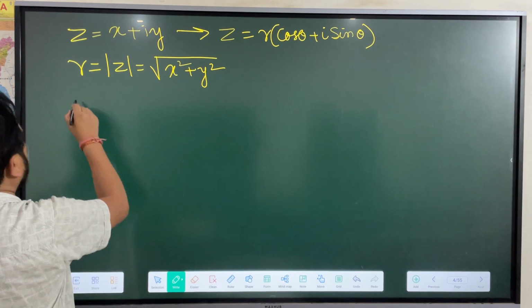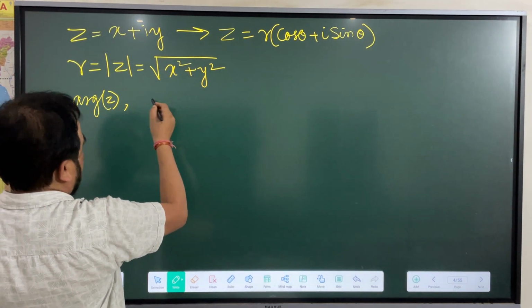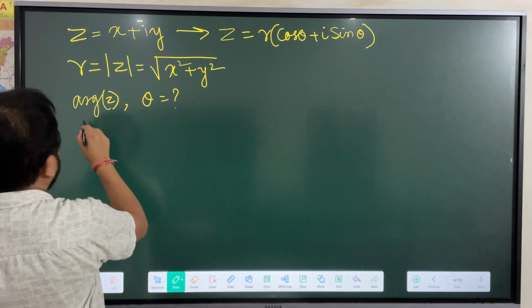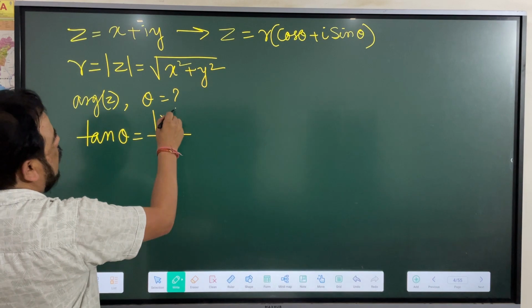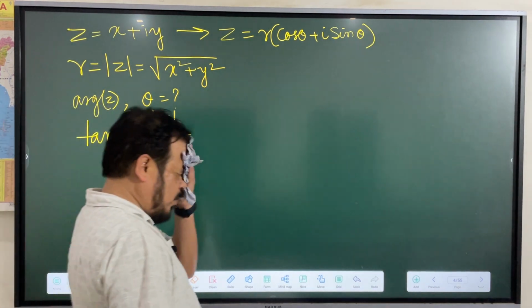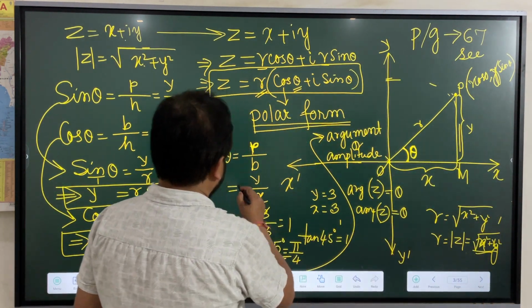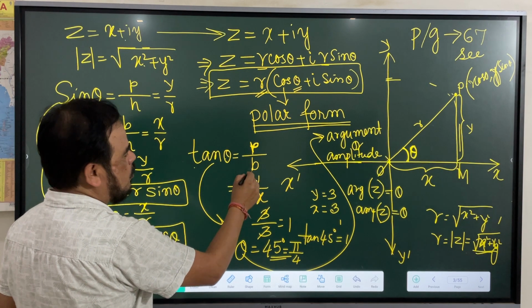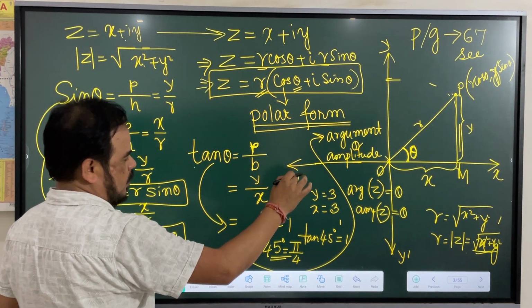If you want to find the argument of z, then we have to find out theta. To find out theta, we will go to this formula. Tan theta equals y by x. Why y by x? Tan theta is p by b, perpendicular by base, y by x. Perpendicular is y, base is x.